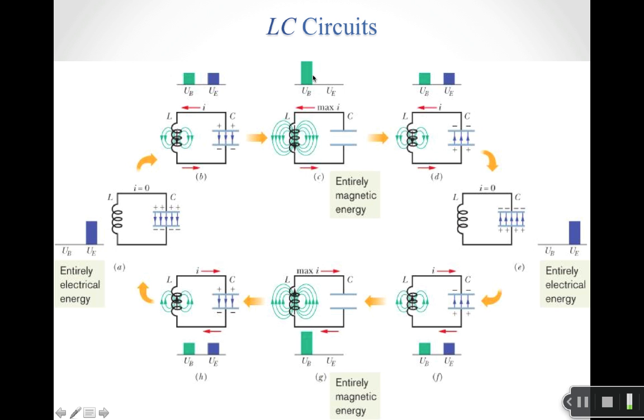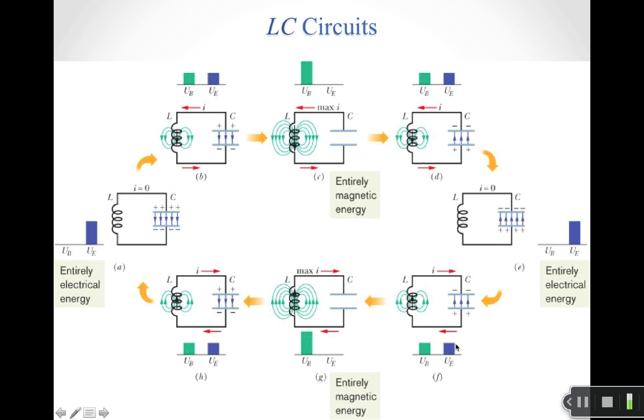So here it's all in electrical potential energy, here it's all in magnetic potential energy. At either of these two points, there's some energy in either. Here it's back to a fully charged capacitor. I've reversed the polarity, so I'm only halfway through my cycle, but all the energy is back to being stored in the capacitor.